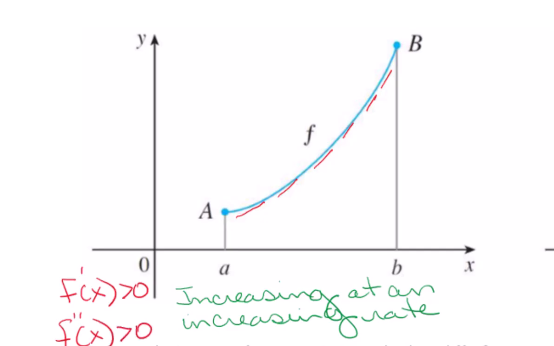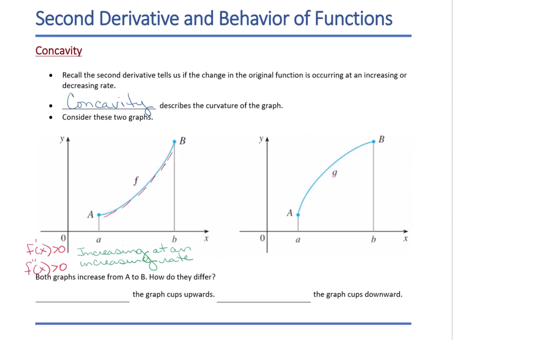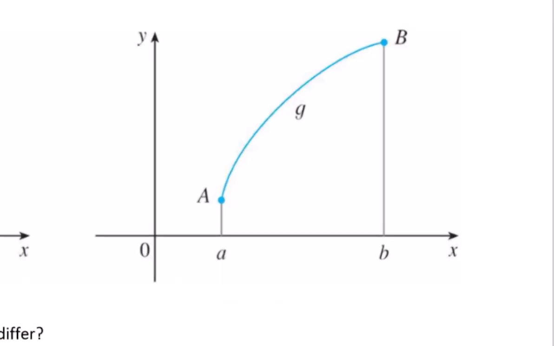same sign, also positive. Now looking at the second graph, function g, the function is still increasing. And notice when we take the tangent line on the outside of this function, the tangent line falls above, but the slope of those tangent lines starts to decrease. They start off steep, but they get closer and closer to almost a horizontal line.